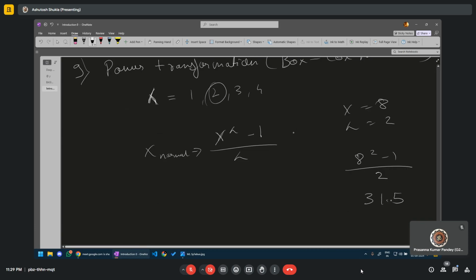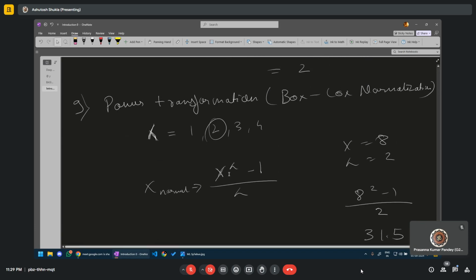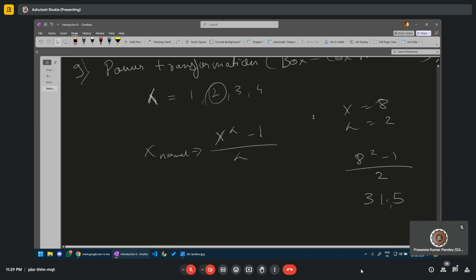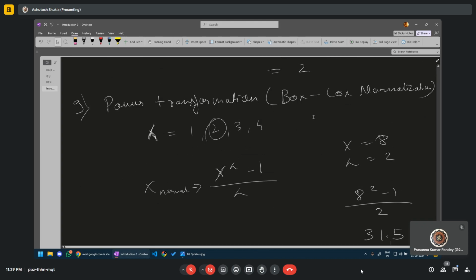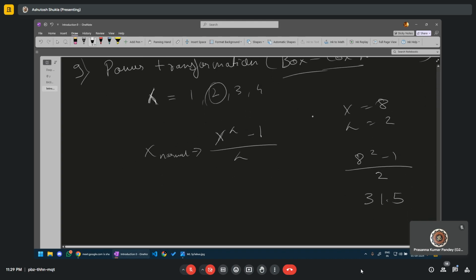That makes it kind of big, so it doesn't make much sense with these numbers, but that is just the formula for it. You have to choose lambda such that the data grows smaller. Now, there is also one more part of this. I can't remember the formula for that. This Box-Cox one only takes positive x, so x has to be positive.